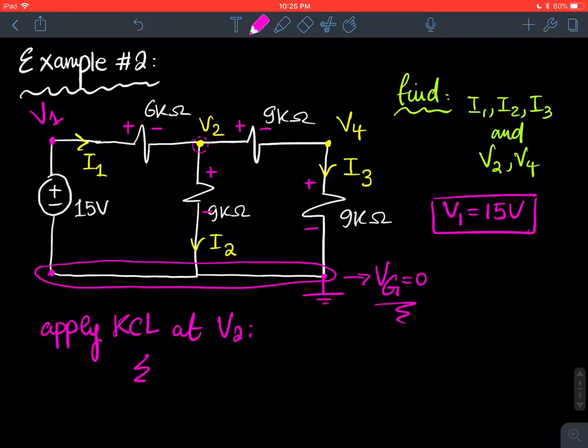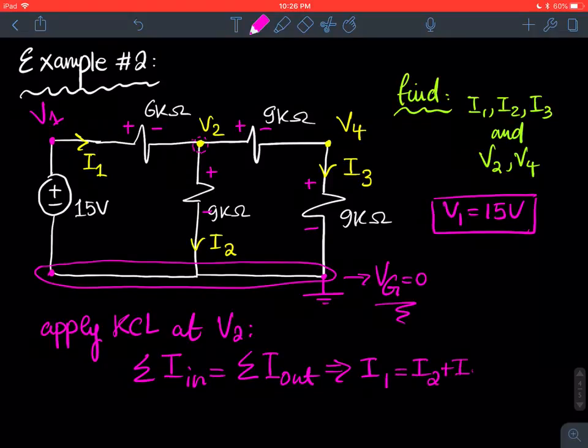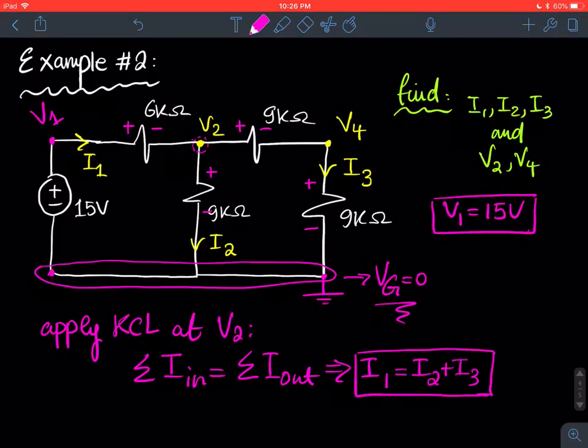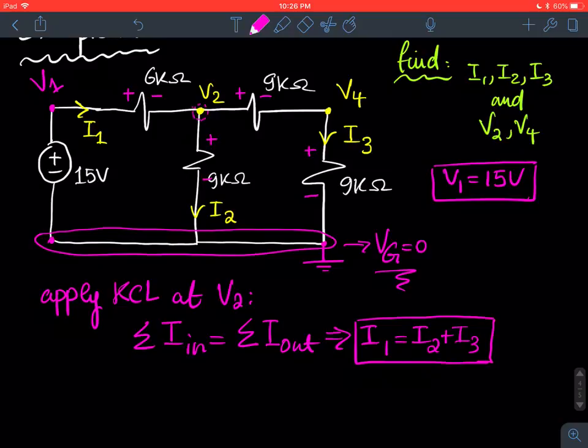The total current in equals the total current out. So this means that I1 equals I2 plus I3. So far, all we did is apply KCL.